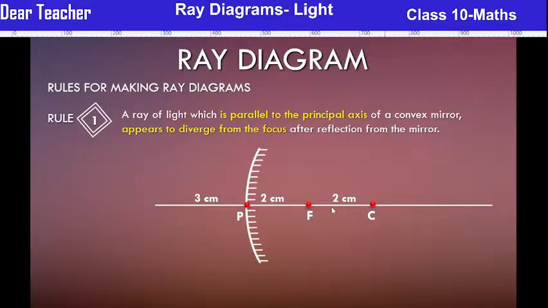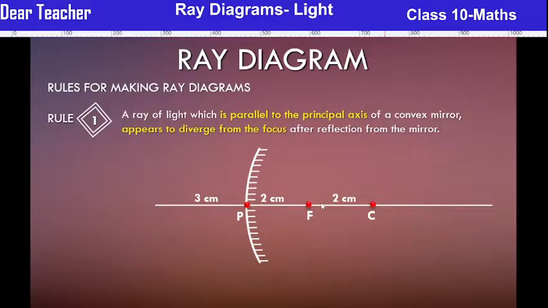So you will be getting F and you will be getting C and you will be getting the pole also. Draw a line through C and F. It will pass through the convex mirror at P. So shade on the other side. Here one common rule is the object should always be on the left side.